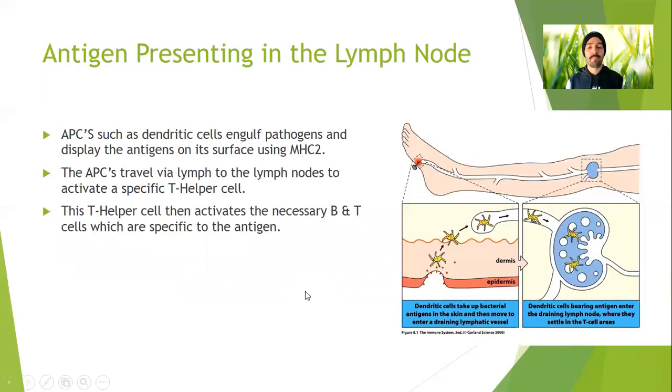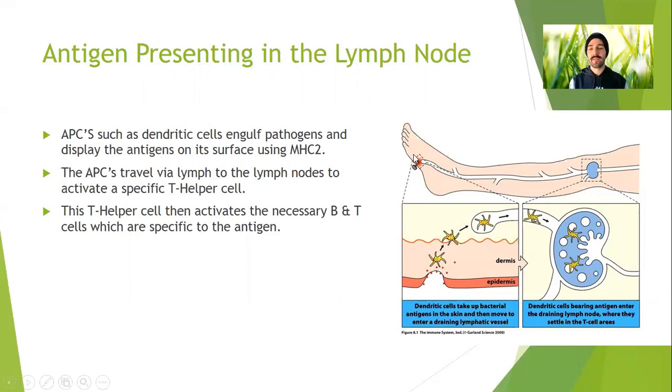So this is an example of how it might work. Here we've got a nail piercing the first level of defense, and we've got our second level of defense. We know inflammation occurs, phagocytic cells such as macrophages will go to this area, and there's the release of histamine. Now we've got a dendritic cell, which is an antigen presenting cell, engulfing some of those pathogens and showing them off on its exterior using MHC2.